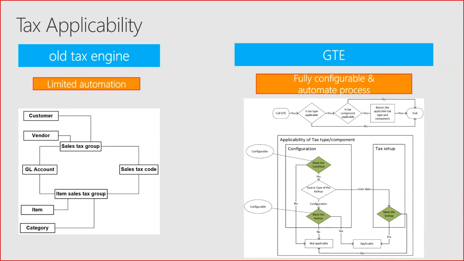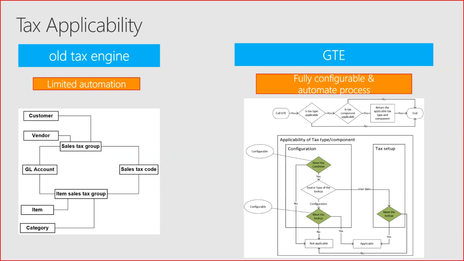On the left side of the slide, it is the old tax engine. As you might be familiar with the design, we have sales tax group, we have item sales tax group. So you maintain several tax codes in these 2 groups, and then you assign the sales tax group to customer, vendor, or account, and then you can also assign item sales tax group to item master or procurement category, sales tax category.